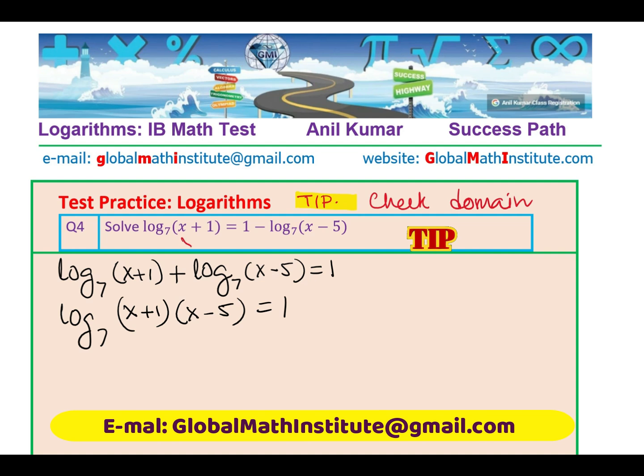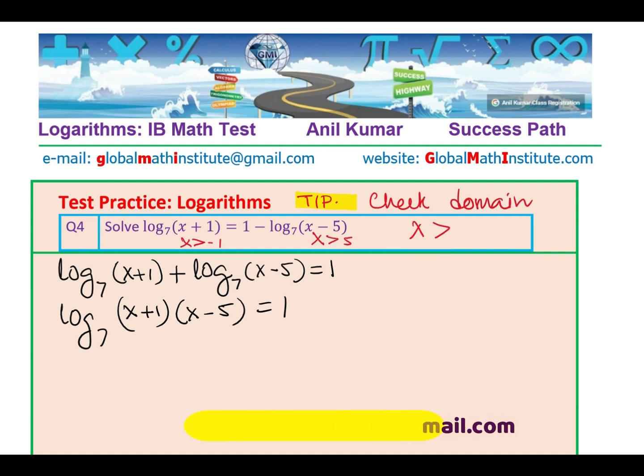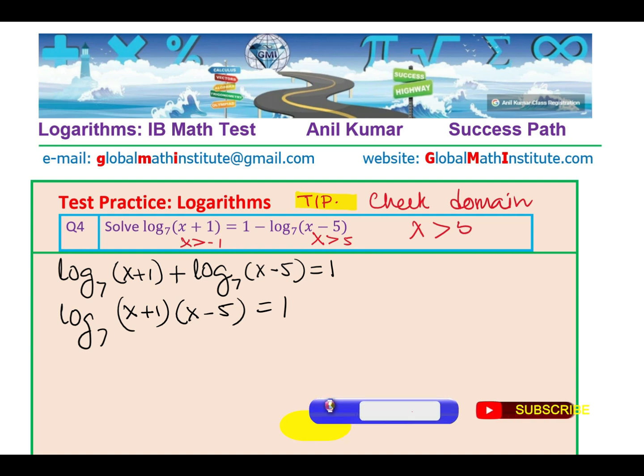So, x we know is greater than, not equal to, greater than minus 1, right? Okay. But here x should be greater than 5, and therefore we are looking for something which is x greater than 5. So any answer below 5 will not be accepted as the right answer. That will lead to extraneous roots. Perfect. So remember that part.